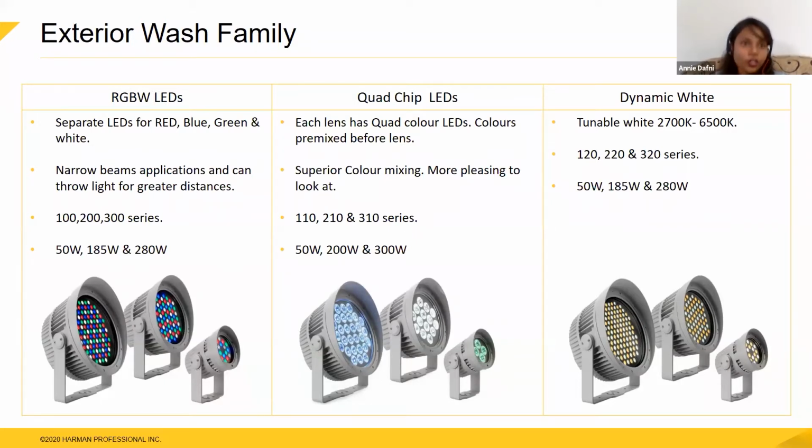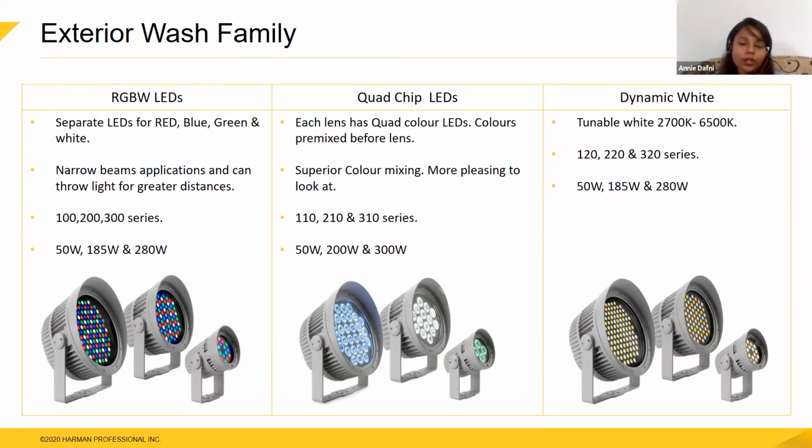We have the RGBW LEDs, which have discrete individual red, blue, green, and white LEDs, which are distributed like you can see in the image here. When you mix two or more of these colors, you get different secondary colors, and when you mix all three together, you get white. But we still have individual white LEDs to give a much brighter and truer shade of white.